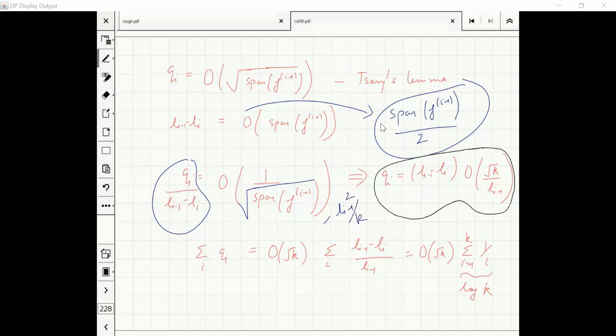I have transferred Li minus 1 minus Li to here, and this is just Li minus 1 whole square by K square, the inverse of that.